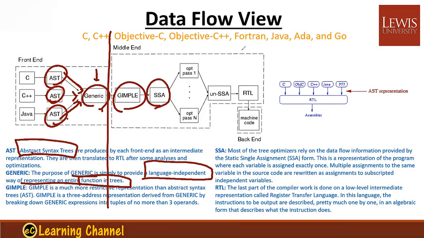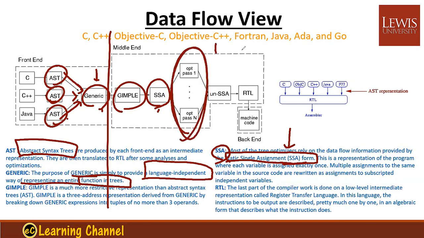And then SSA stands for static single assignment. Here is actually some form; we'll explain it later. And then you go into many optimization passes. I told you 10 plus, 20 plus, 100 plus, depending on how much you want to do.